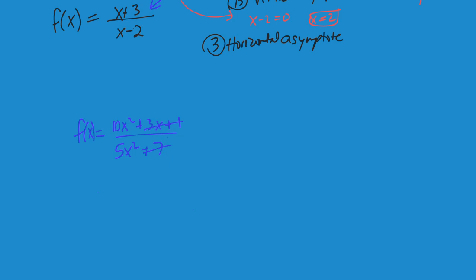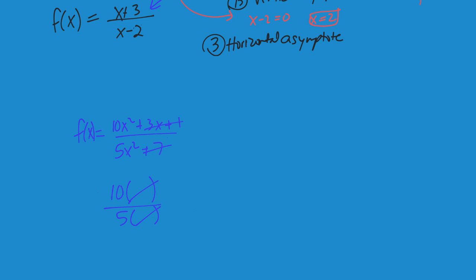And the thing is, say you plug in 100 or 10, okay? So 10 times a big number squared over 5 times that same number squared. Well, if you think about math, 5 times a factor underneath 10 times the same factor, the factors cancel out, and the answer is going to be reduced to 2.